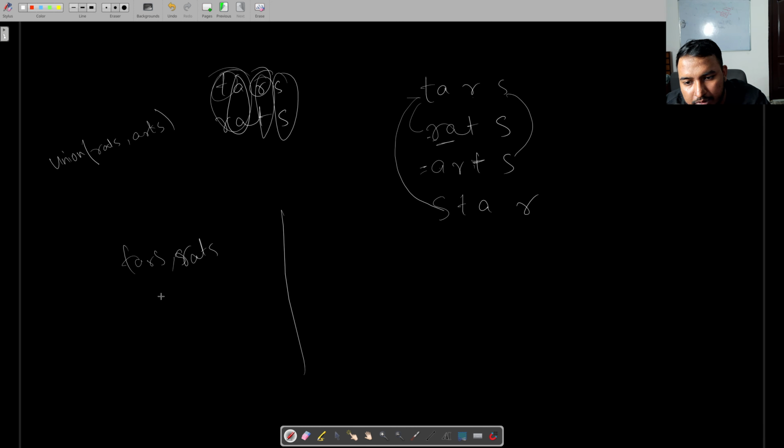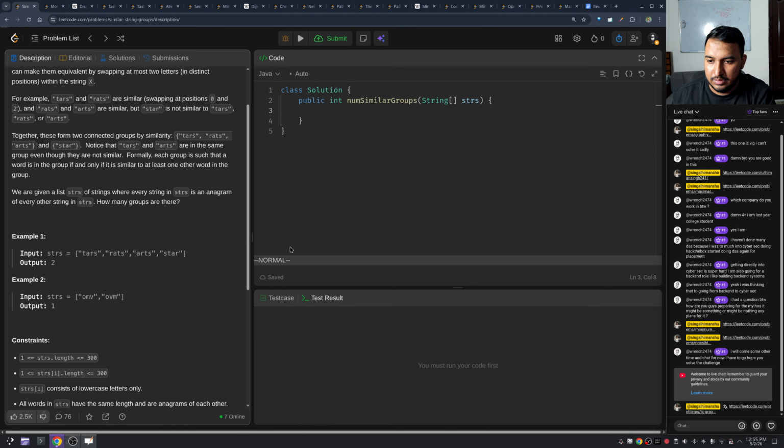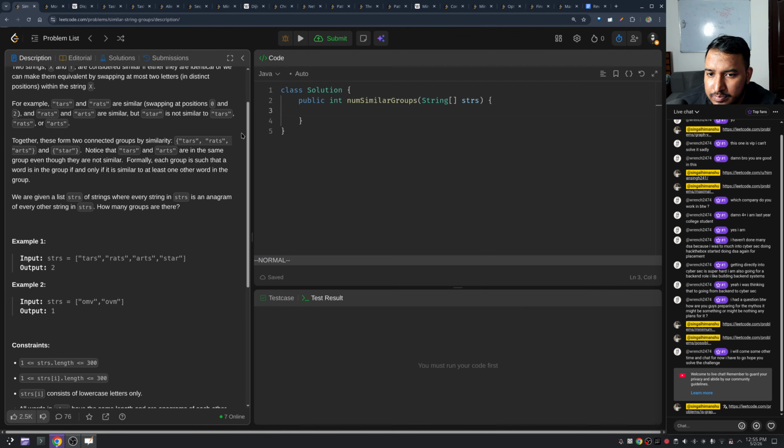So arts come here. Now for arts, then this no. So yeah. Two. What is this answer? How many groups are there? Notice that these form two connected groups by similarity.